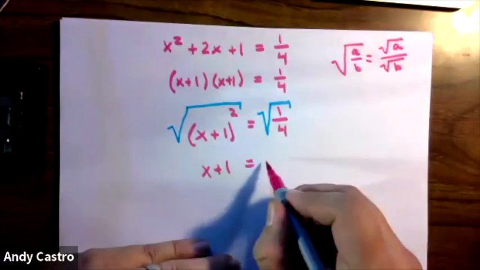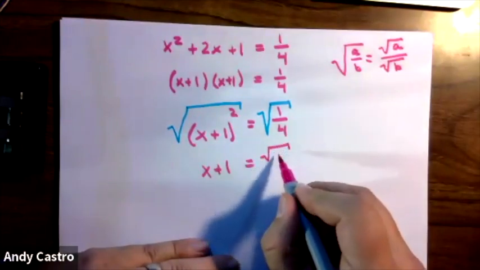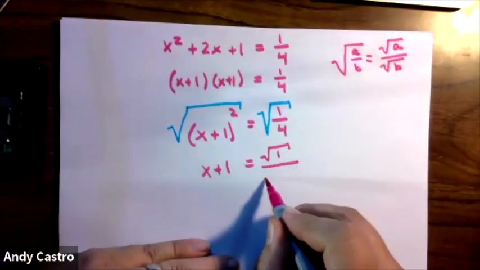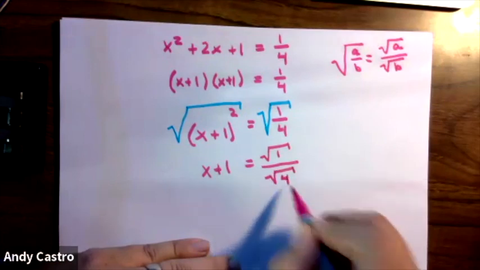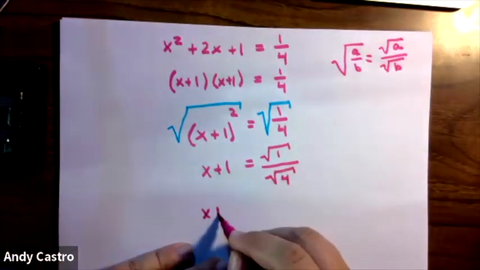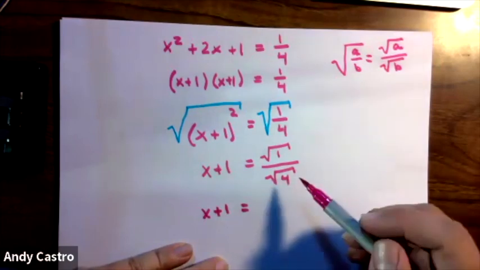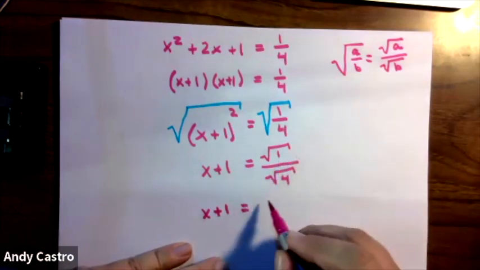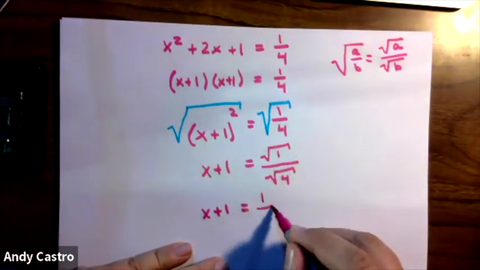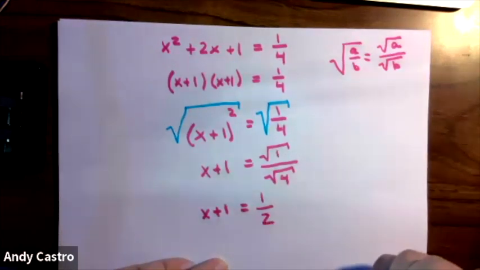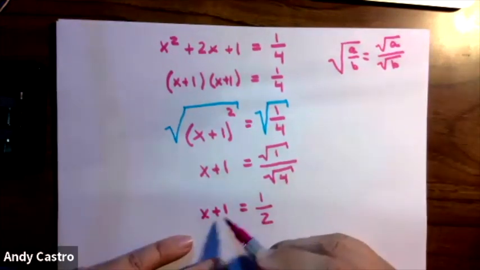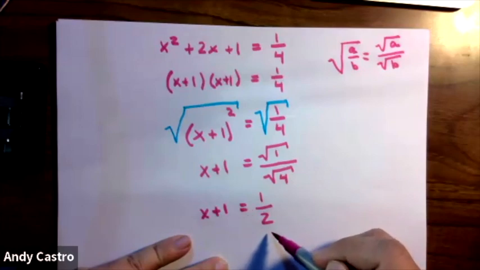So here, that's going to be the square root of 1 over the square root of 4. So x plus 1 is equal to, the square root of 1 is 1, and the square root of 4 is 2. So x plus 1 is equal to 1/2.